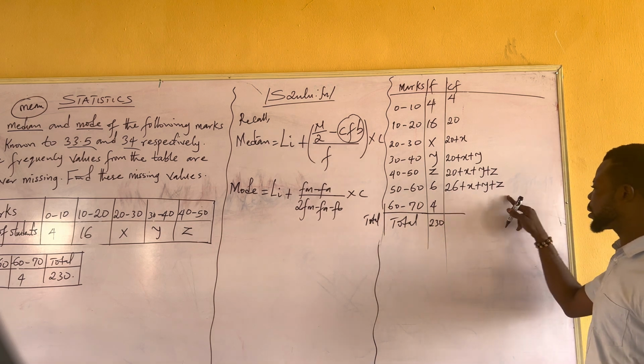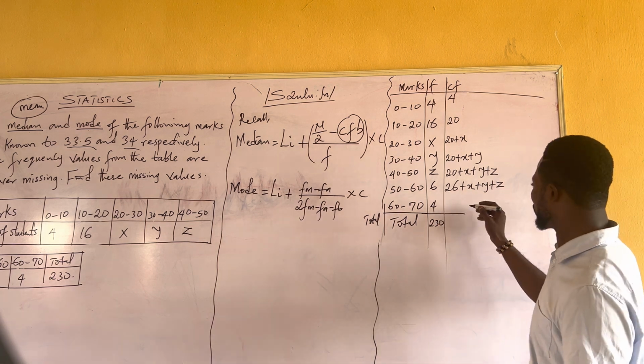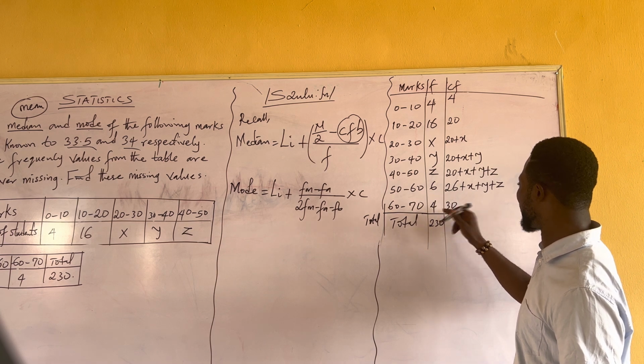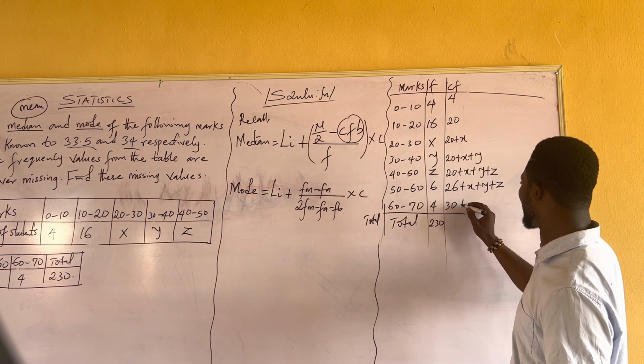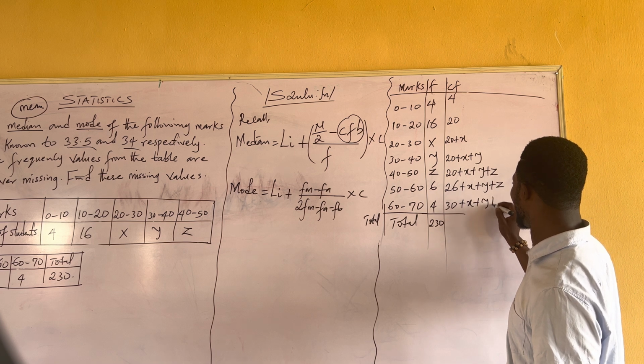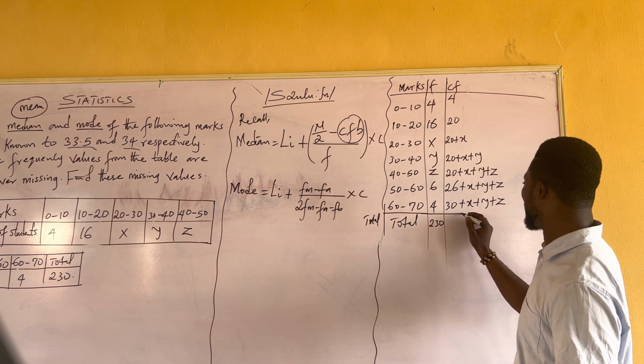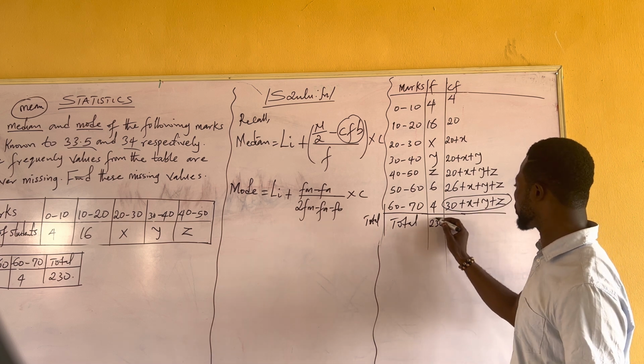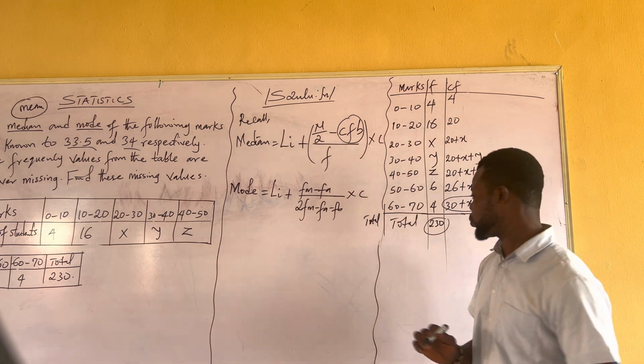Then we add the next, which is 4: 26 plus 4 is 30, plus x plus y plus z. So this will be the total. And this total here must be equal to the given total, which is 230.